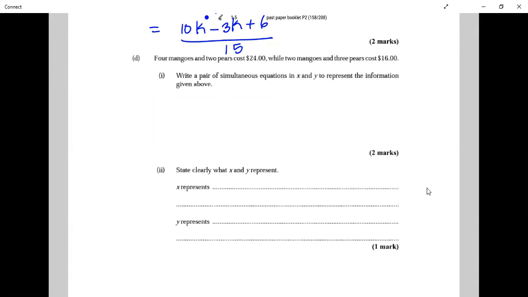So if x is 1 mango and y is 1 pear, I'm going to have what? 4x plus 2y, and that costs $24. And 2 mangoes, so that is 2x, plus 3 pears, which is 3y, is equal to $16.